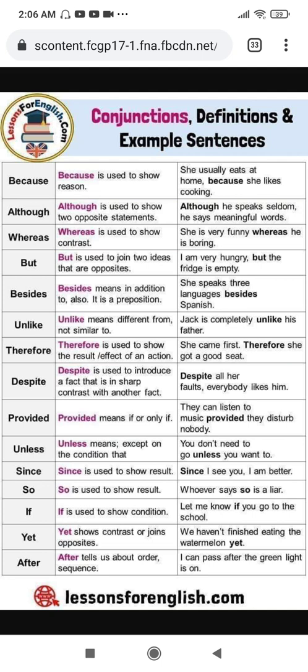Despite all her faults, everyone likes her. When something may not happen very normally, but it happened, in such cases we use despite. When something is not expected to happen, but it happens, in such cases we use despite. Despite all her faults, everyone likes her.